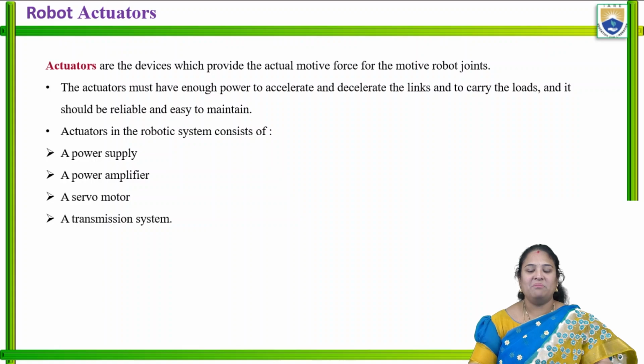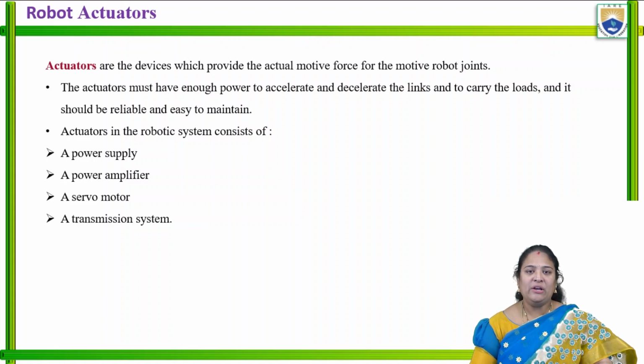So what do we mean by the word actuator? What exactly does the actuator mean? Generally in robotics, the movement of the robot is done with the help of the manipulator, with the help of the links and joints.